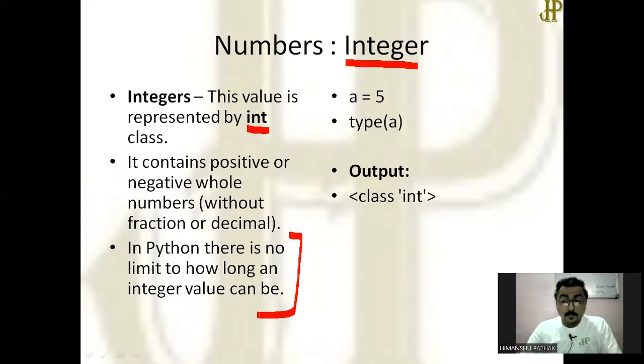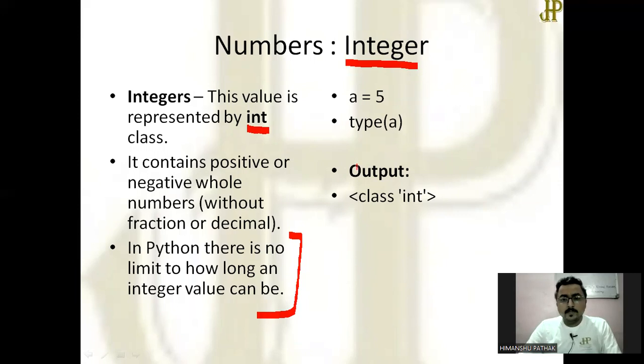You have learned in C language that there is a limit, from 65536, plus or minus. That is the limit of int. But here in Python, there is no such limit.